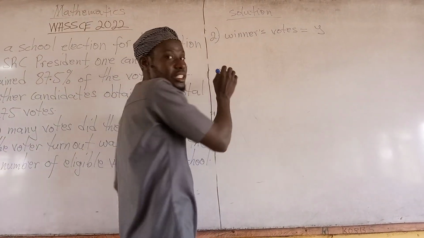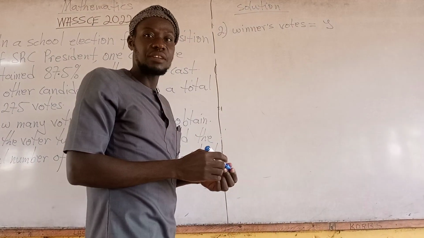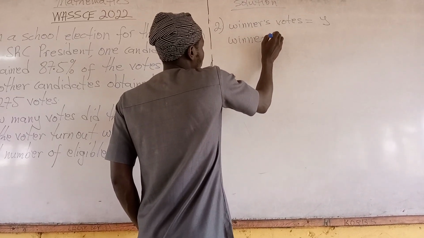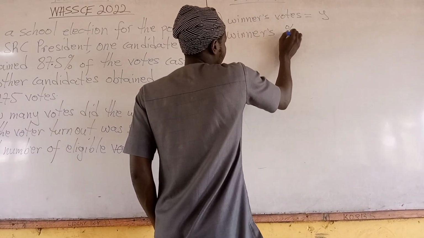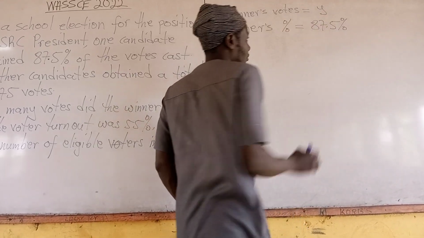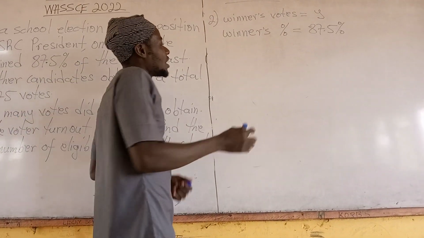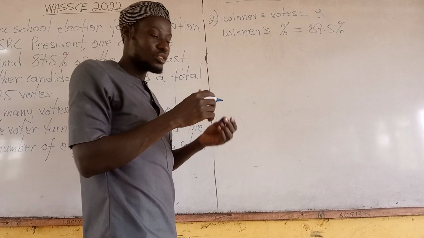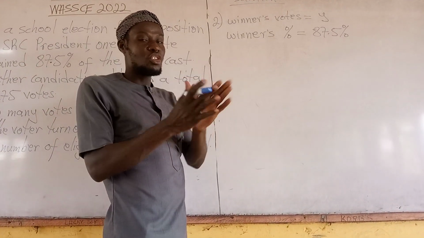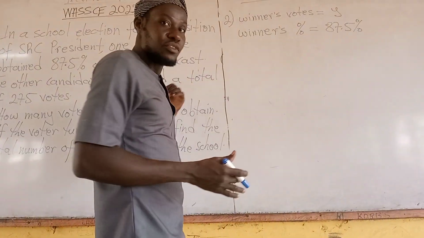Now in the question, it is written that the winner obtained 87.5%. So let's take that. Winner's percent is 87.5. Now we are told that the others, those who also took part in the elections, also obtained a number of votes, which is 275 votes.